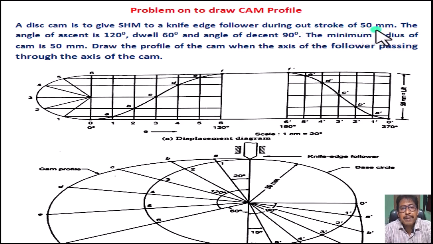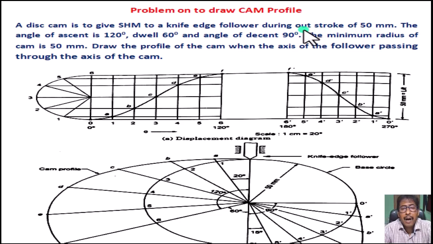Outstroke of 50 mm means the lift of the follower, that is, the stroke of the cam. Lift of follower or outstroke means the maximum travel of the follower from the lowest position to the topmost position.